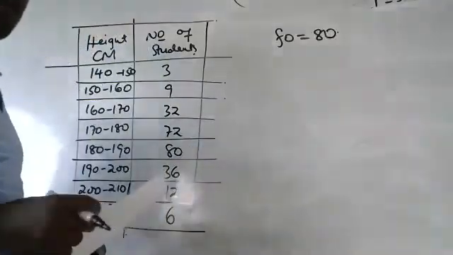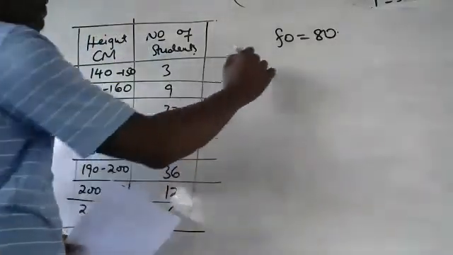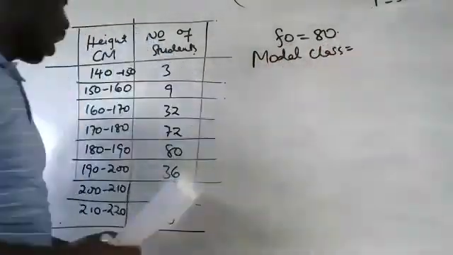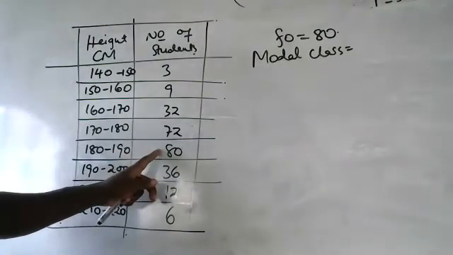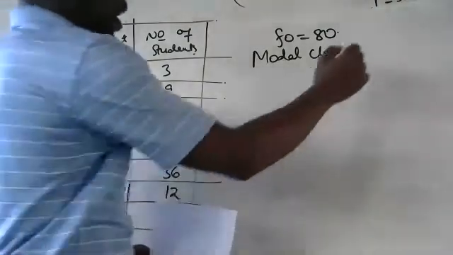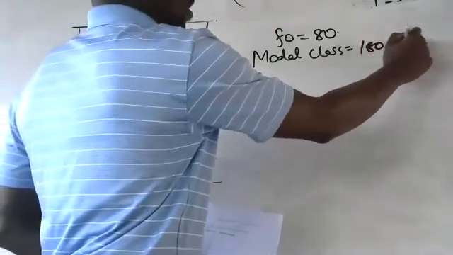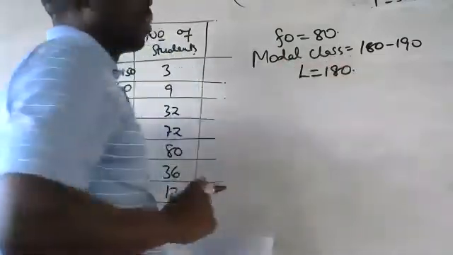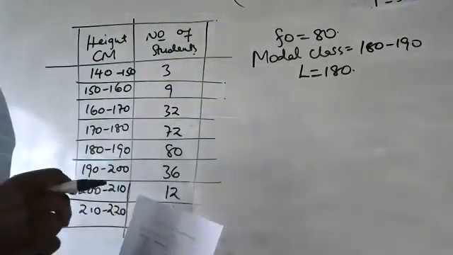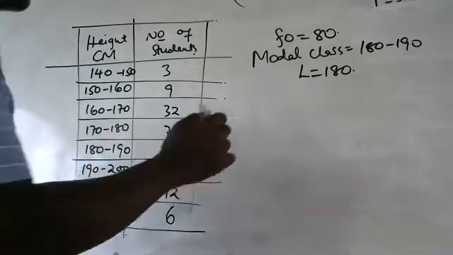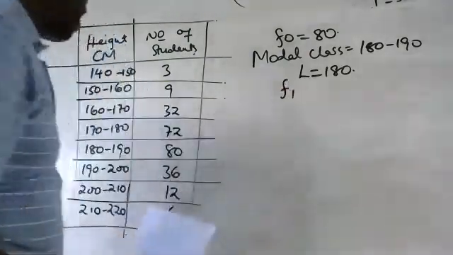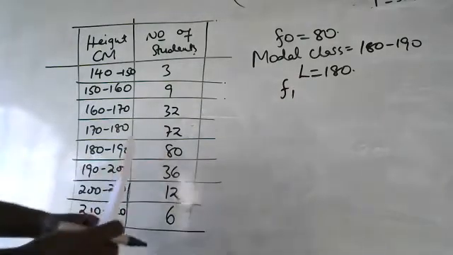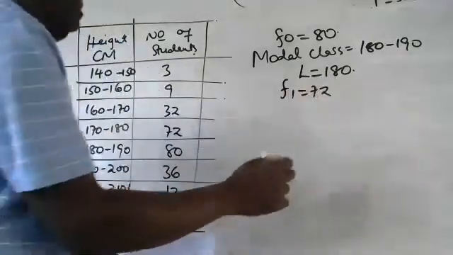After identifying F0, identify the modal class. The modal class is the class where that highest frequency belongs, which is 180 to 190. In that case, the lower limit L is going to be 180. And then from there, you can identify F1, which is the frequency above the highest frequency that you have picked. F1 will be equal to 72.